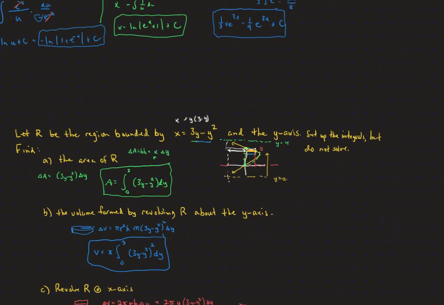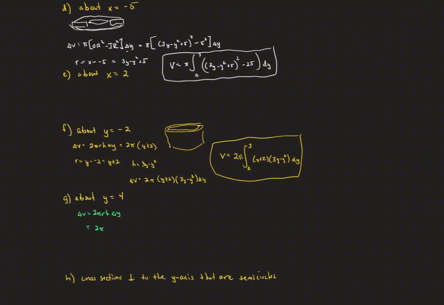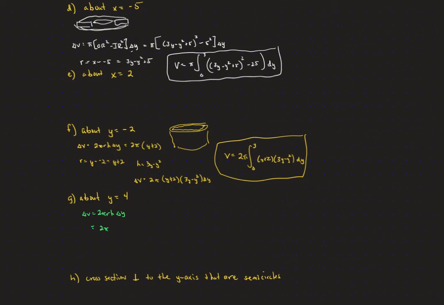The radius is going to be that distance from the axis of revolution to our rectangle. We're going to go top minus bottom. So that's going to be the 4 minus that y value. So it's going to be 4 minus y for the radius.